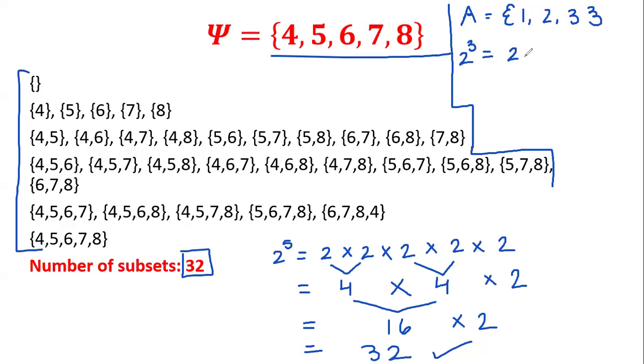That's 2 times 2 times 2. We do 2 times 2, which is 4, and multiply that by 2. 4 times 2 is 8. And so that means that a set that has 3 elements, we expect it to have 8 subsets.